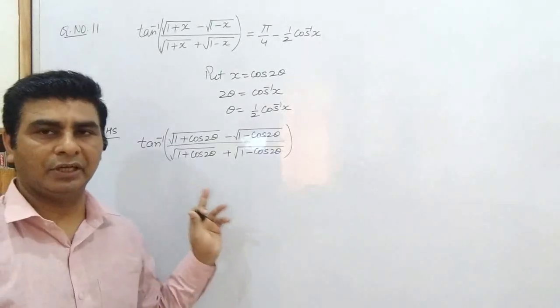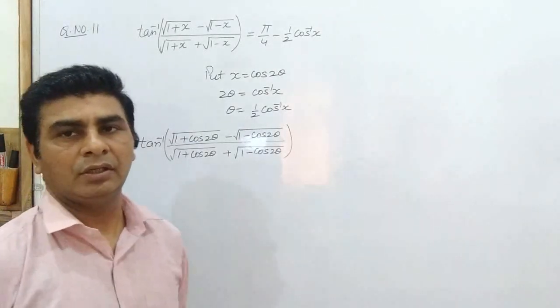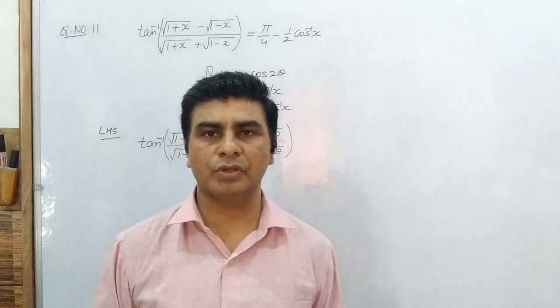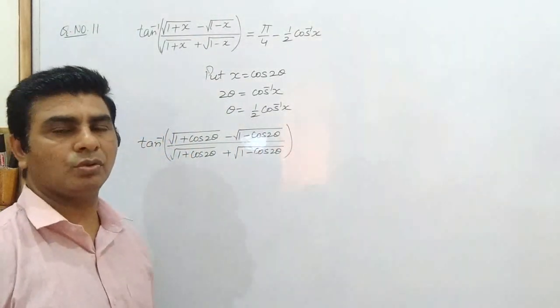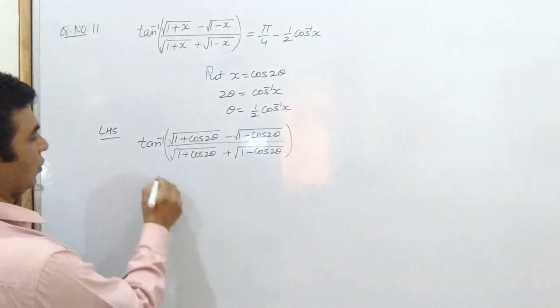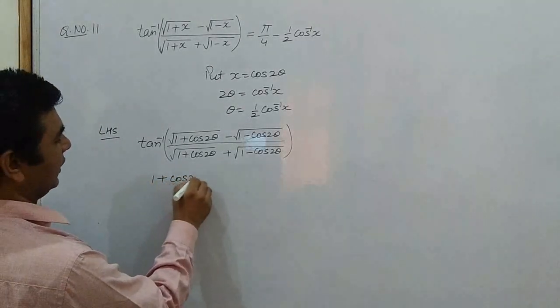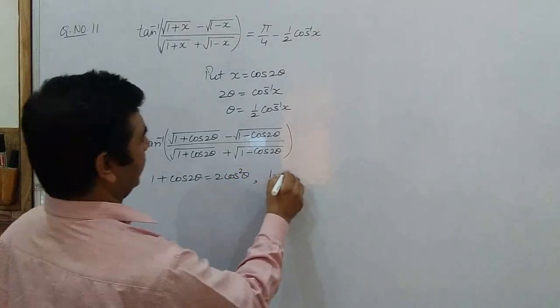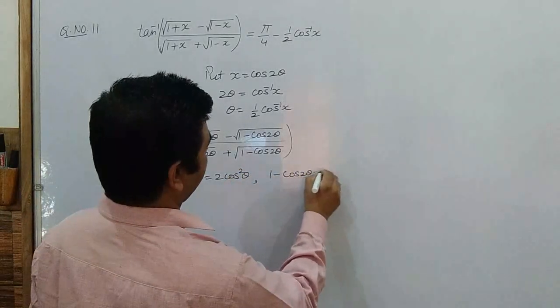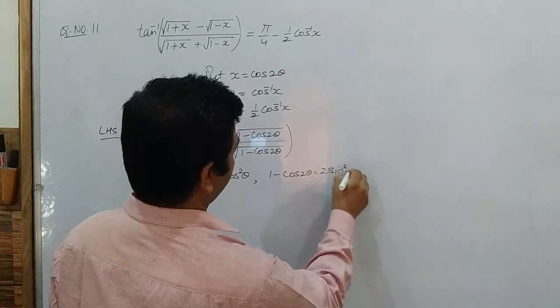Again we know that 1 plus cos 2 theta is always equal to 2 cos square theta, and 1 minus cos 2 theta is equal to 2 sin square theta.